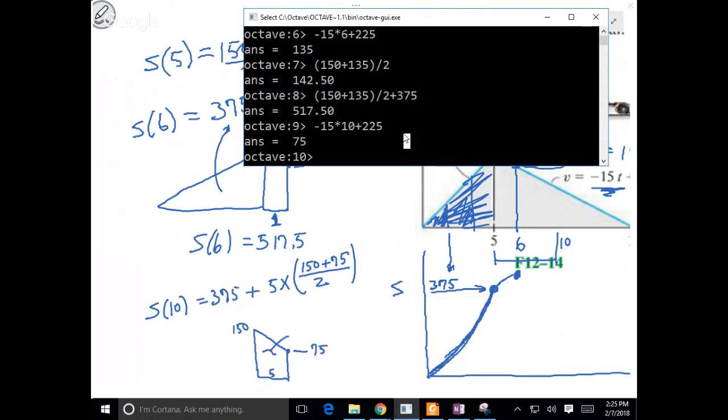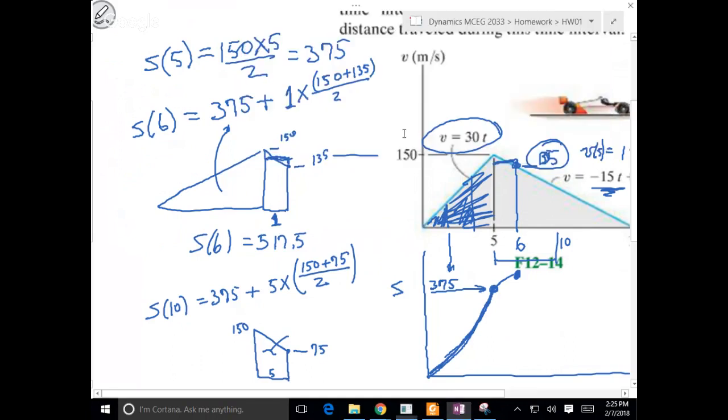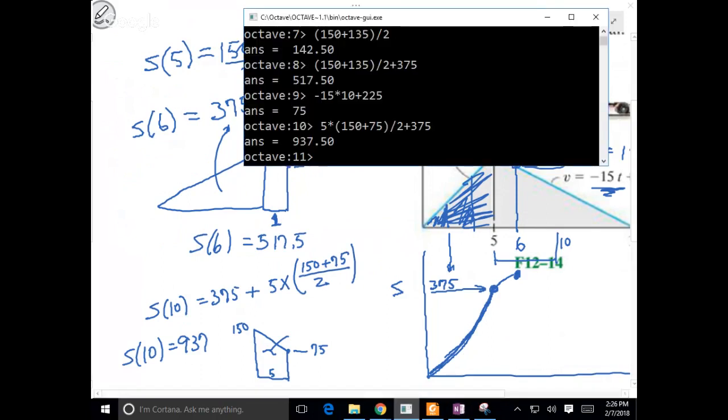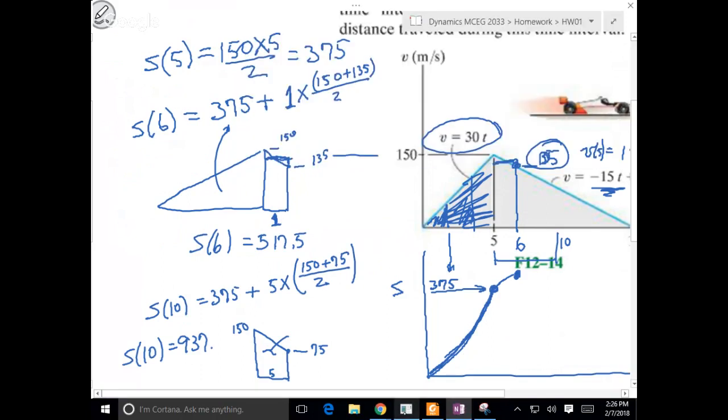Okay, so if I do that, 150, 75 over 2, 5 times it, 937. So the position at 10 is equal to 937.5 again.